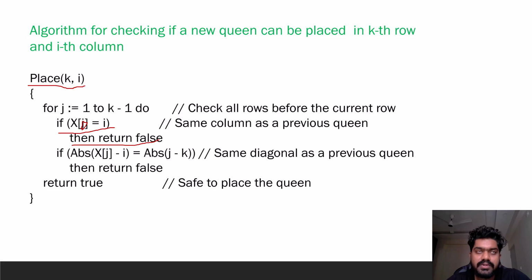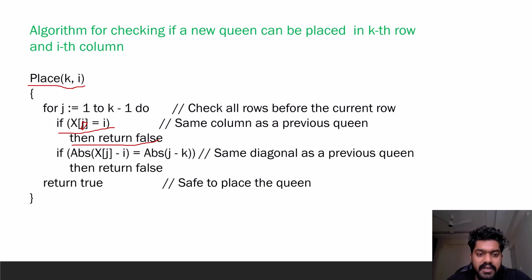ABS is a function that is used to return a value such that, even if it might be negative or anything, it returns only positive numbers, integers, that's it. x of j represents the column number of the previous queen, and i represents the column of the present queen.